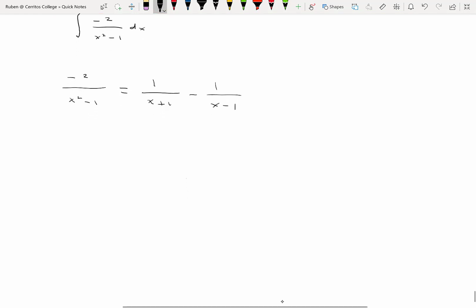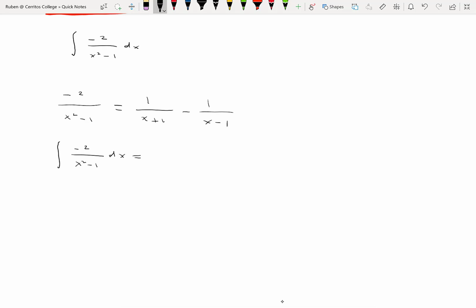Then the problem would be over. That's a big if though. This is what the whole section is really based on: knowing this, or becoming knowledgeable of this sort of breaking down of the rational function into simpler rational functions. If we knew that, then the integral would be very, very simple.